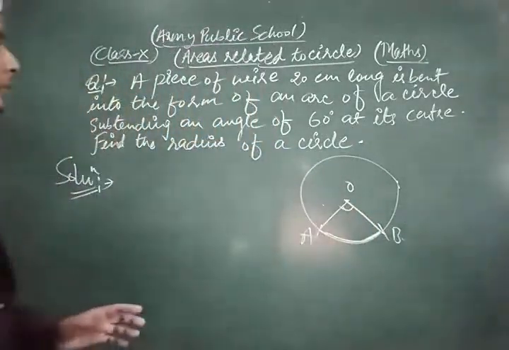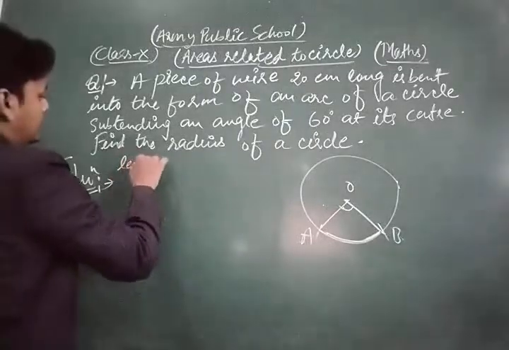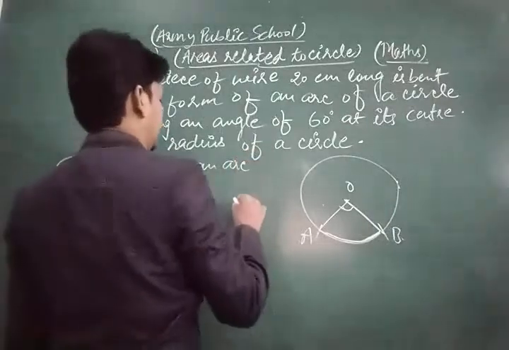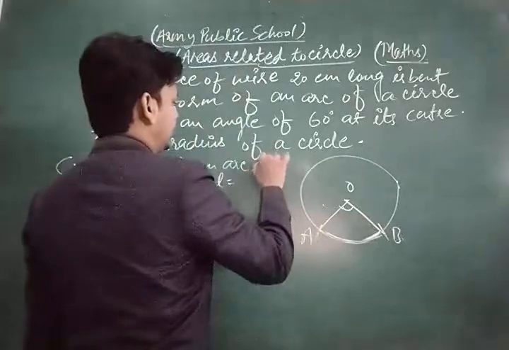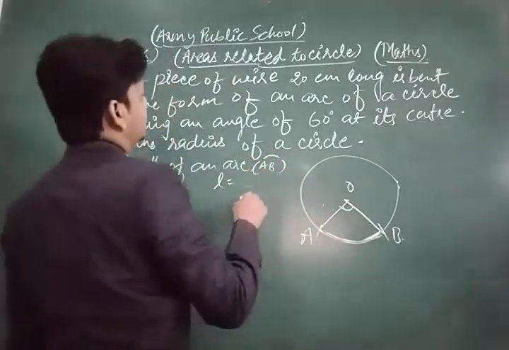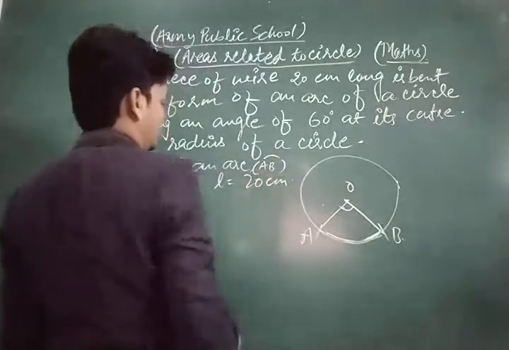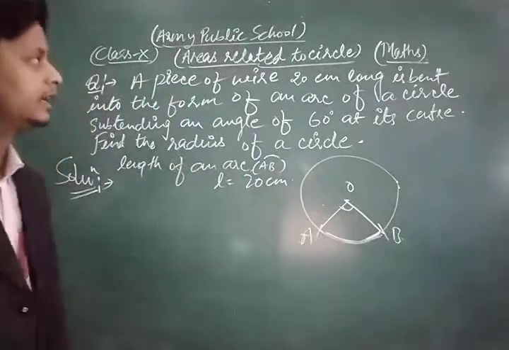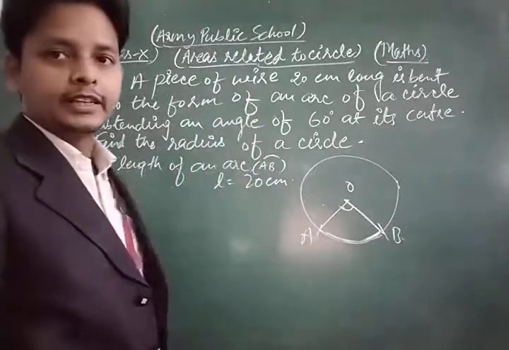A wire 20 centimeter long is bent in the form of an arc. So the length of arc L, that is the length of arc AB, is 20 centimeter, and it subtends an angle of 60 degree at its center.